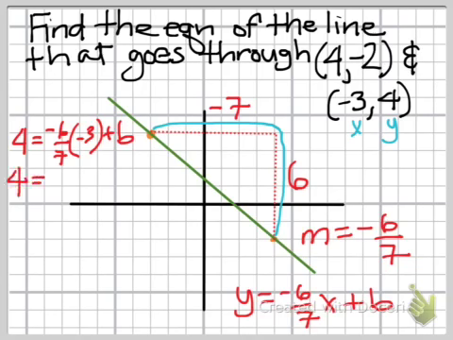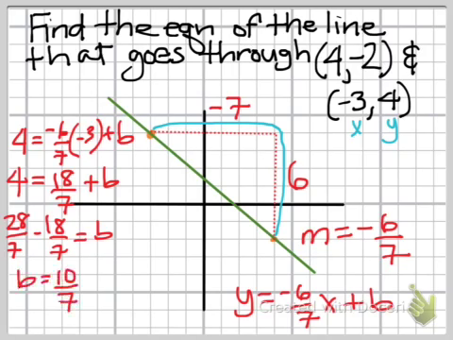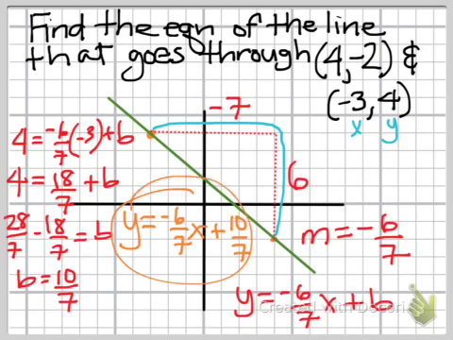Multiply across, we get 4 equals 18/7 plus b, and then we just need to subtract 18/7 from 4. 4 times 7/7 is 28/7. 28/7 minus 18/7 is b. Subtract 28 minus 18, we get 10/7 is b. So now we can rewrite our equation: y equals negative 6/7 x plus 10/7.